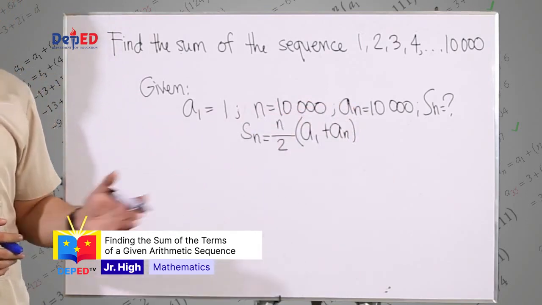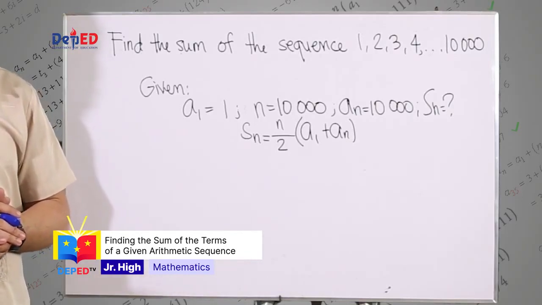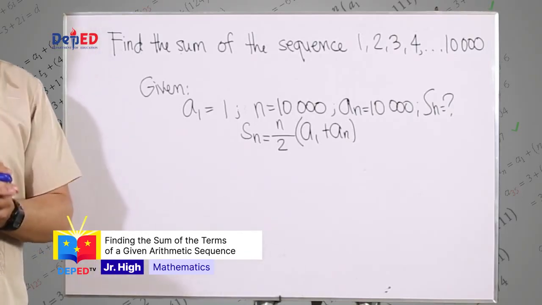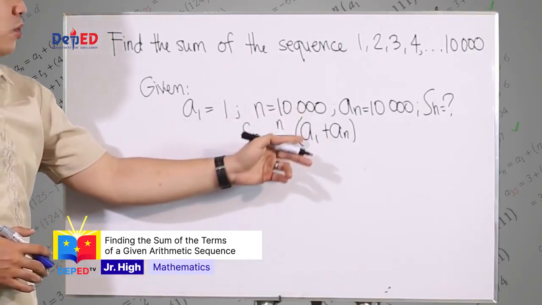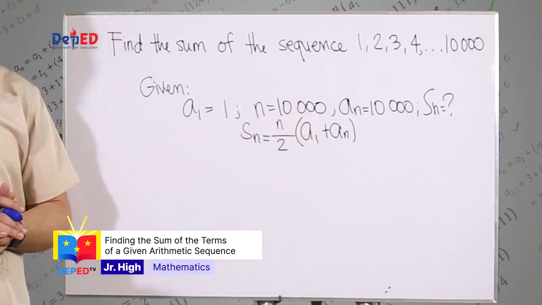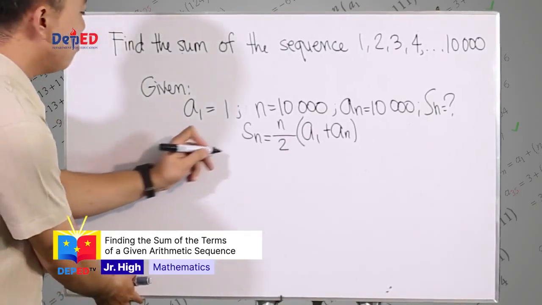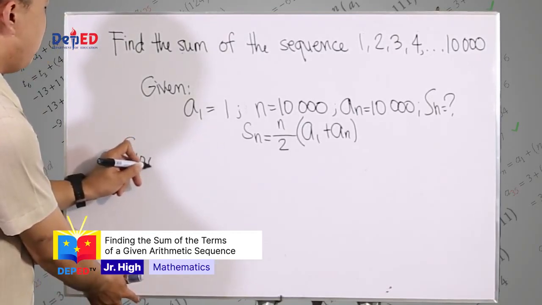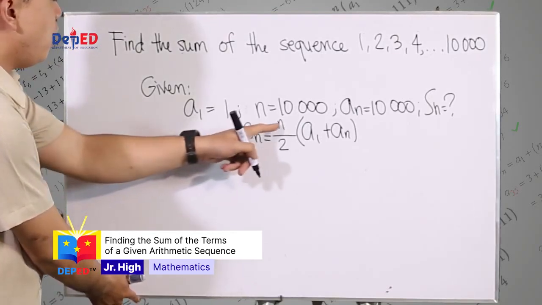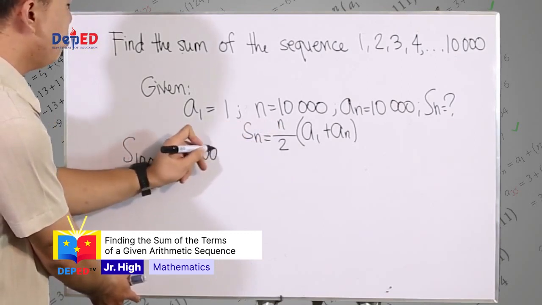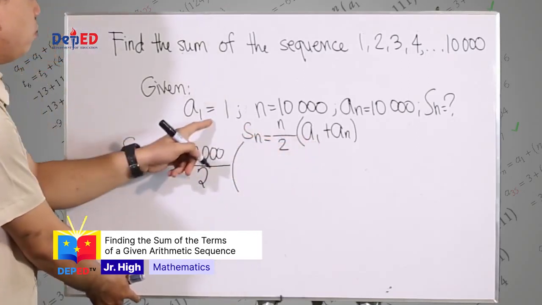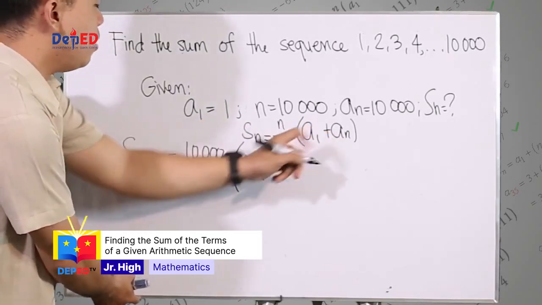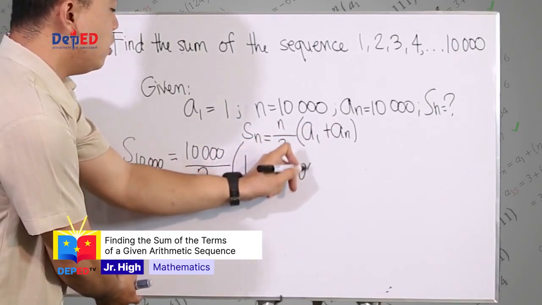Also, notice that the first and the last term are given, so we will use the formula S sub n is equal to n divided by 2 times a sub 1 plus a sub n. Substitute the values in the given formula. We will have S sub 10,000 is equal to, our n again is 10,000 divided by 2 times the first term, which is 1, plus our a sub n, which is 10,000.